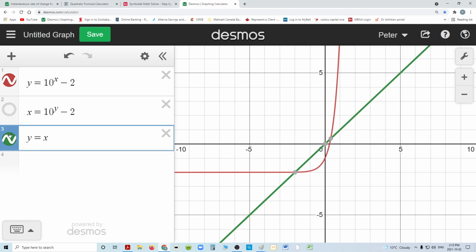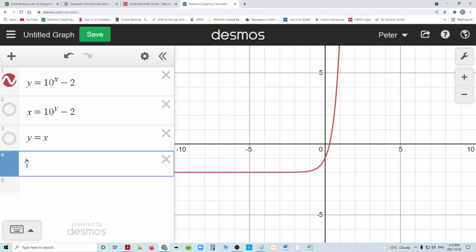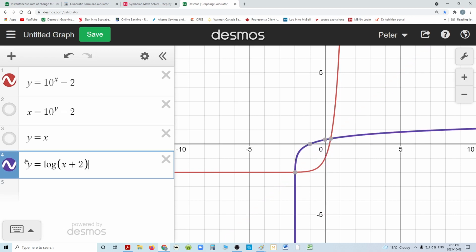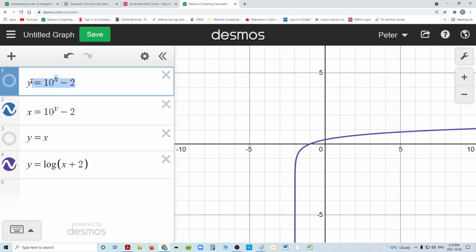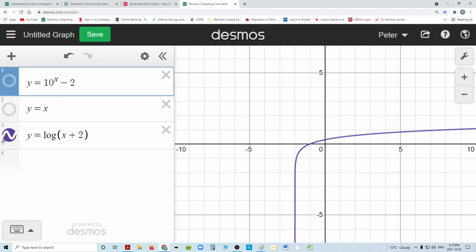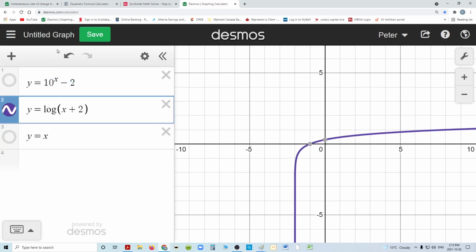Turning off the graph here, and to make sure I got the right log, this purple graph now and this graph should be the same. And they are. So this, which is clearly the reciprocal of that, is the same as this one here. So they are indeed reciprocals.